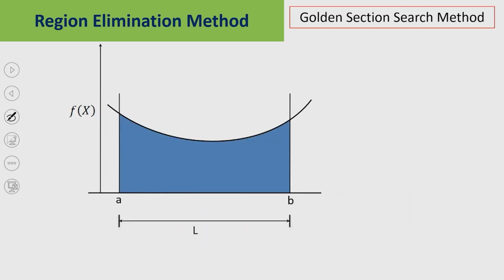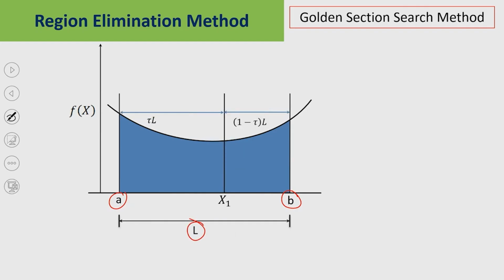In this case, again f of x is a unimodal function. So, this is a unimodal function, it has only one optima, or you can say in this case one minimum solution, and the function is continuous between a and b. Now, the distance between a and b is L. Okay.